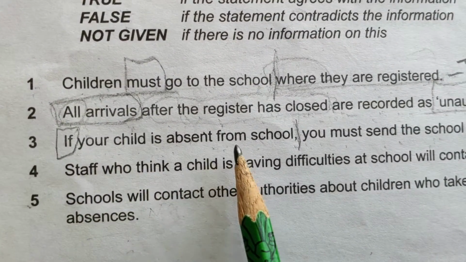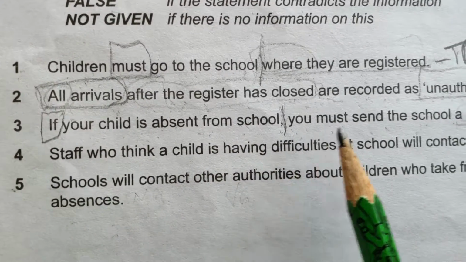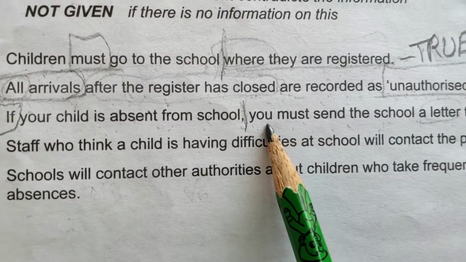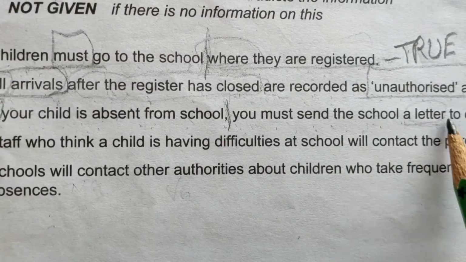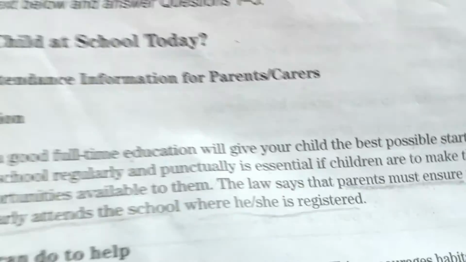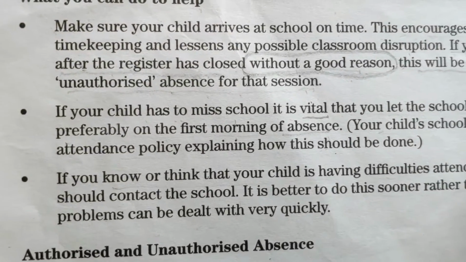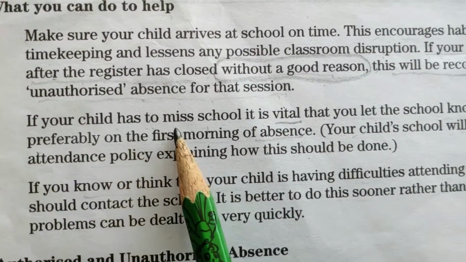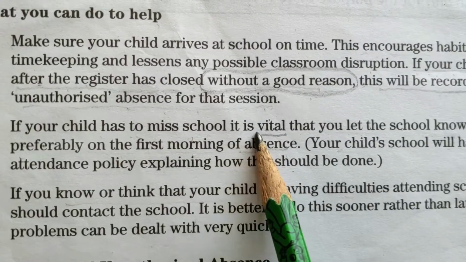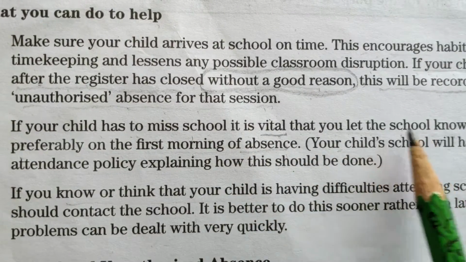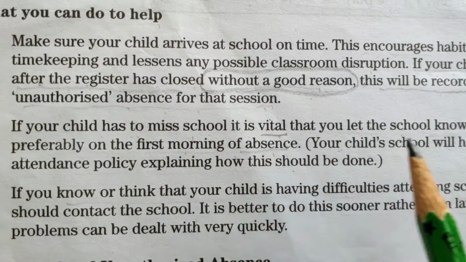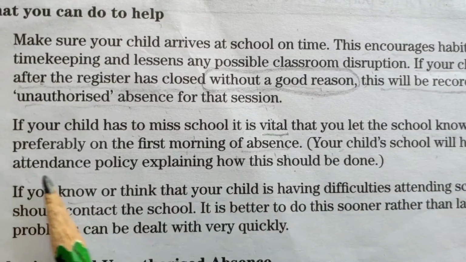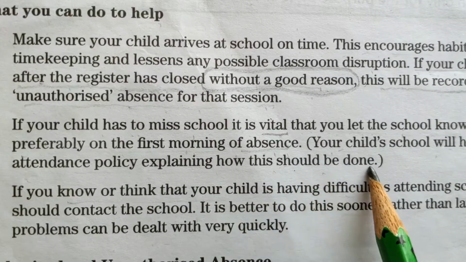If your child is absent from school, okay, now in the next part the question is asking you must send the school a letter to explain, but nothing is given about a letter in the statement here. If your child has to miss school, it is vital that you let the school know why, preferably on the first morning of absence. Your child's school will have an attendance policy explaining how this should be done.